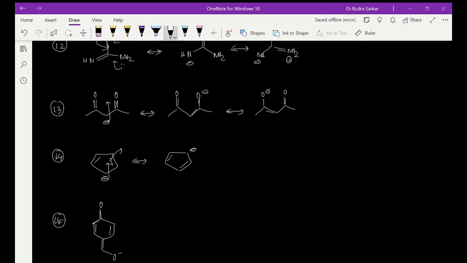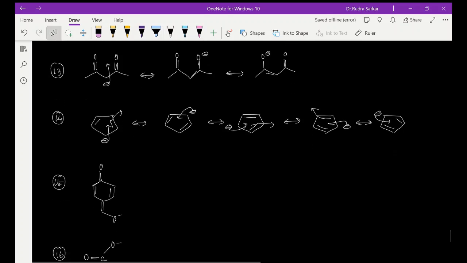This is the negative charge that gets donated again. The charge moves in here, which gets donated again. That comes in, and we have to do this process till we get a system in which if we do the resonance, then it comes back to the original structure.